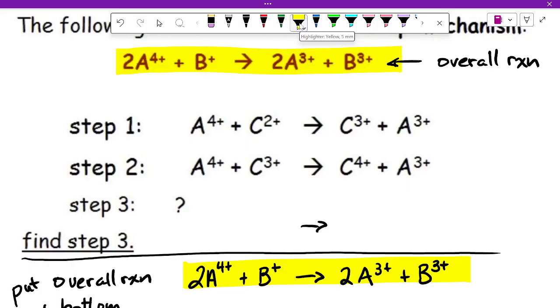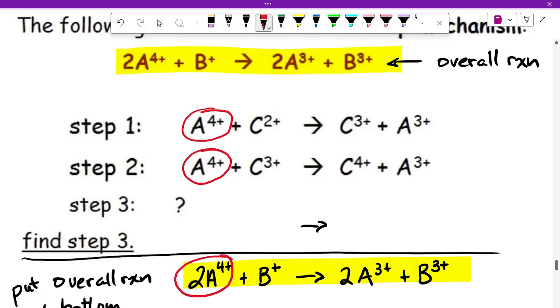And now I like to go through and I circle things that I have in the reactants that are in my steps that I also have in my overall reaction. So I say, I have 2 A4+ and I have 2 A4+. So those are all taken care of. I don't need to do anything with those.